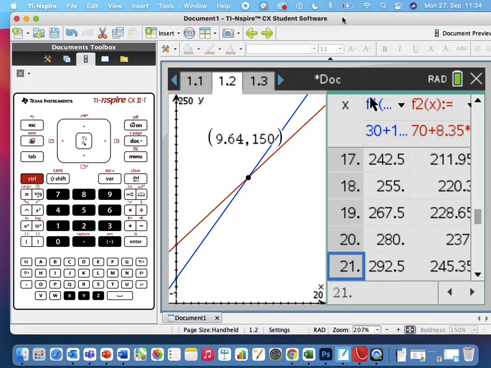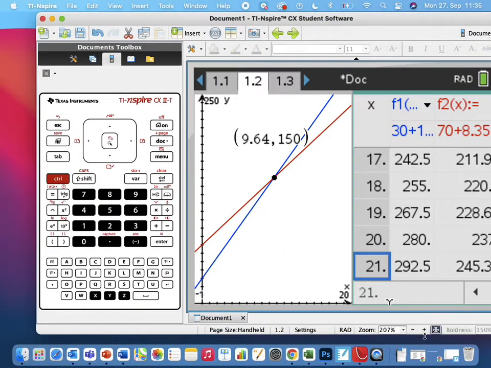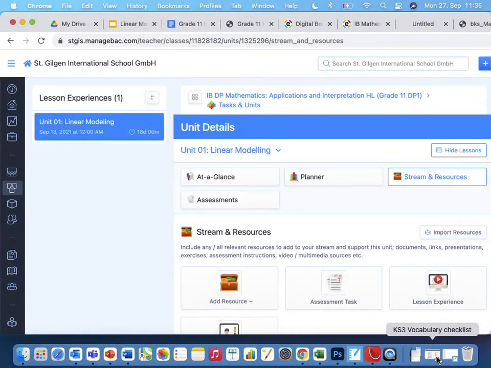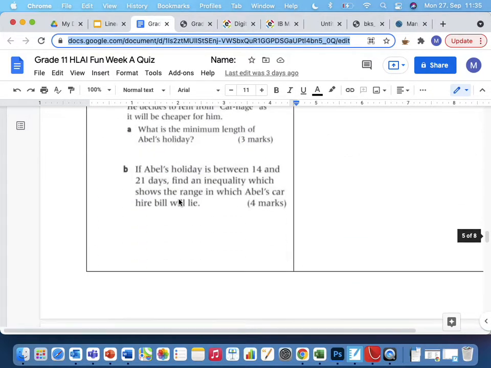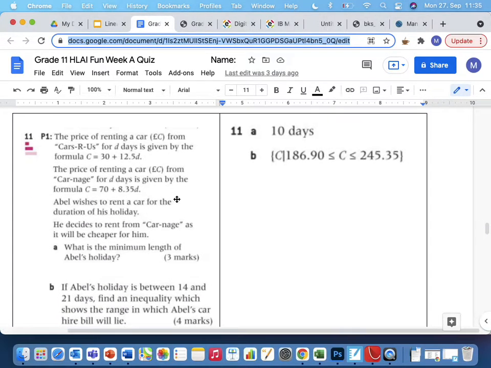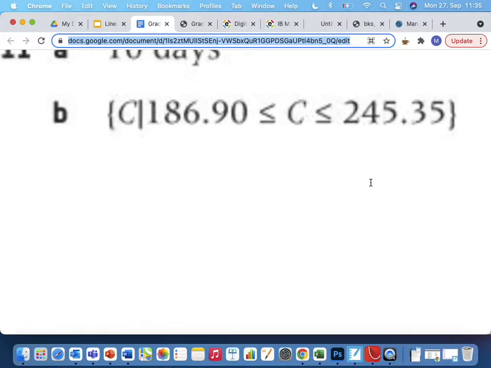All right. Now, I have linked the answers to these already here. And you can see the way they've got it is you've got to have that C for cost, and you've got to have the inequality notation. You don't need this little bit at the front, C given that.